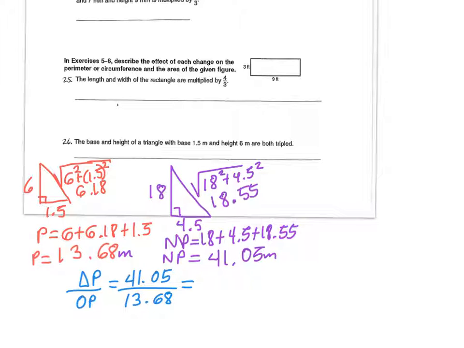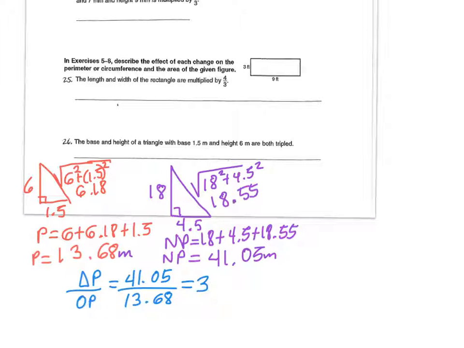Right, when you divide those two numbers, that gives you 3.0007, so it's a 3. How did it happen that you have 0, 0, 0, 0, 0, and then 7? Well, because of the rounding, when you round it to the hundredths place, that would be 3.